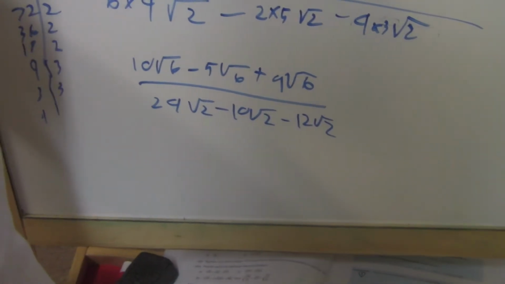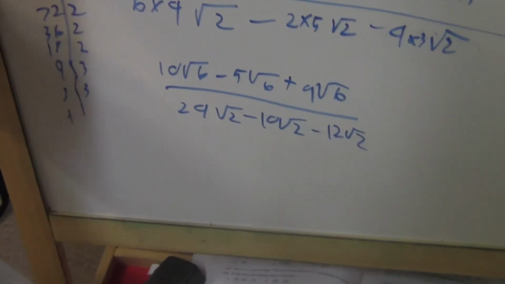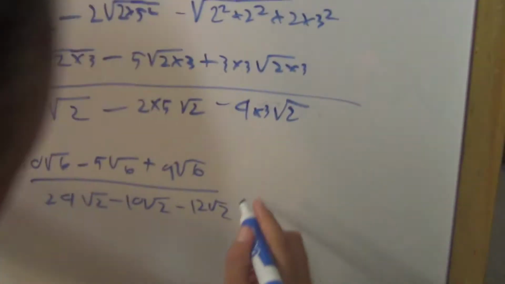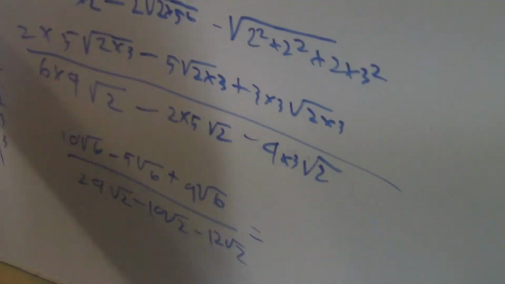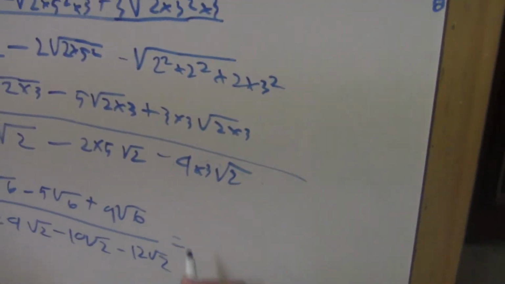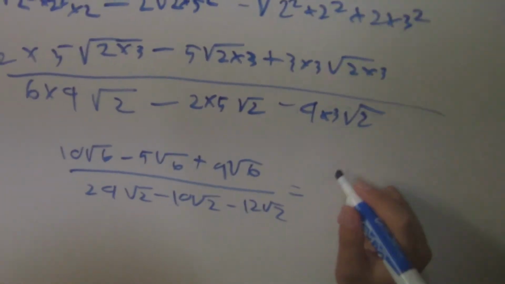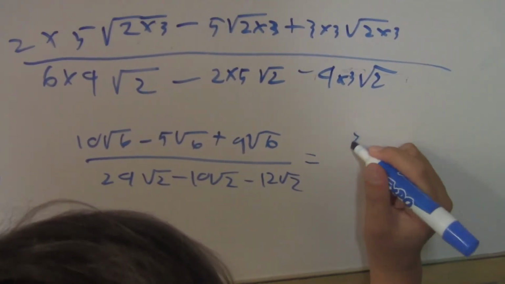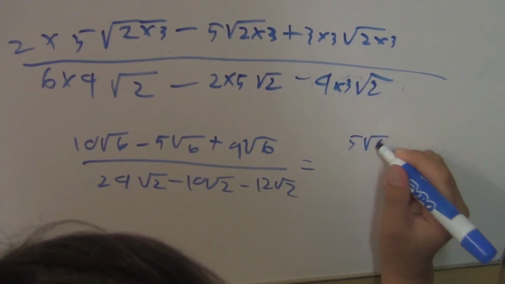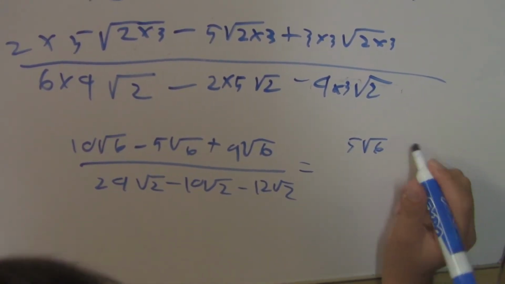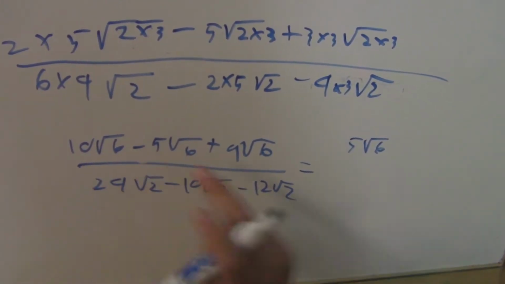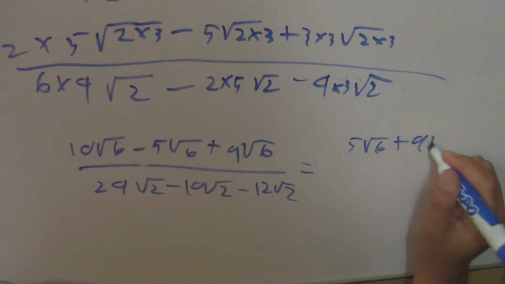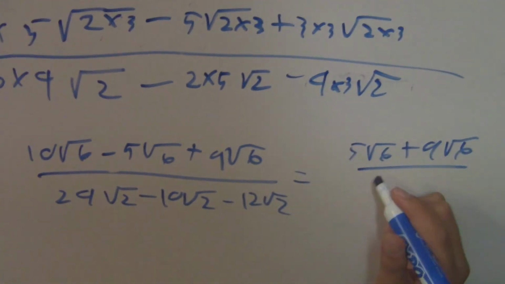At this point, it's very simple. If we know all the rules, you definitely know what to do now. So basically, 5 times the square root of 6, because 10 minus 5 equals 5, plus 9 times the square root of 6.